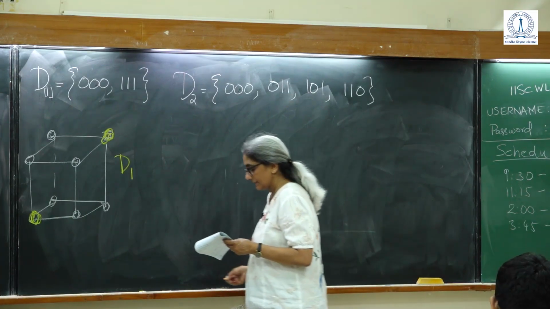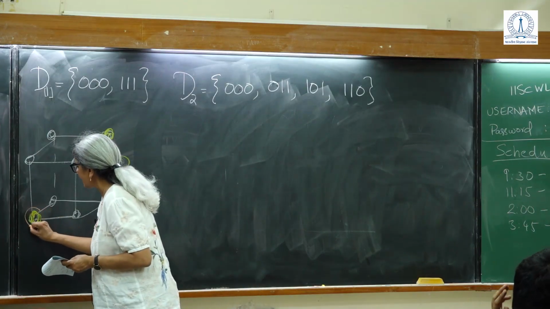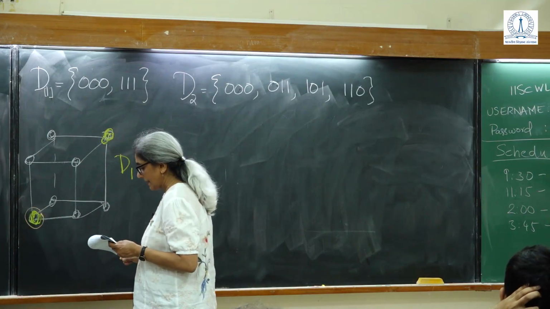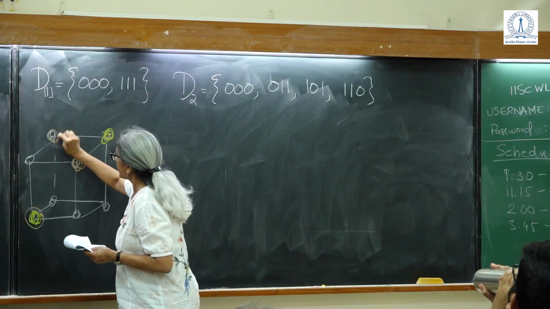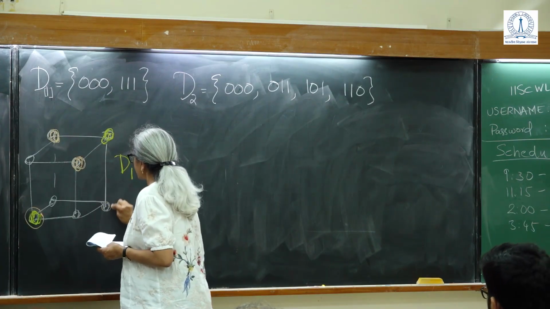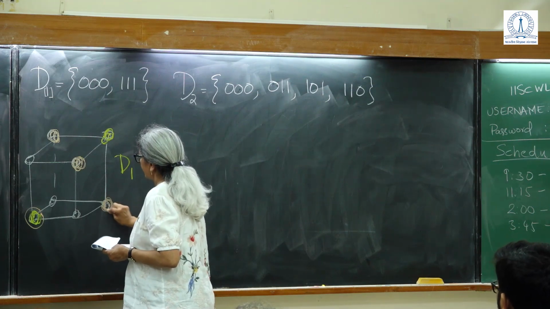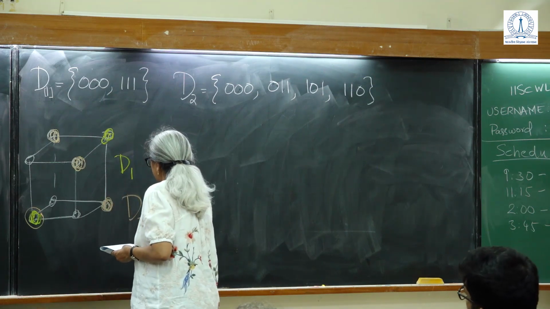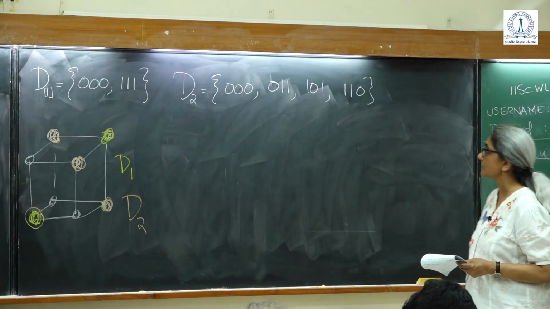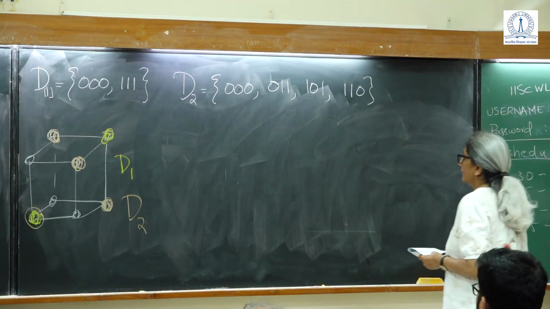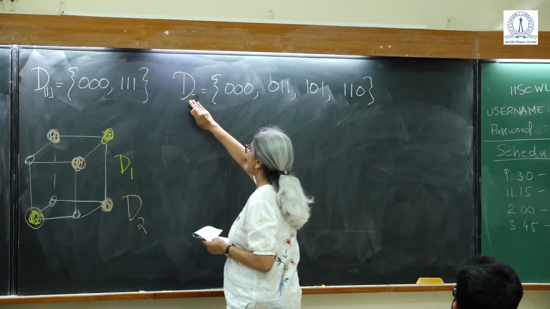So this vertex is in there, 0, 0, 0. But now I take this vertex and that vertex and that vertex. This is D2. Okay? And I claim this will also average the first eigenspace.